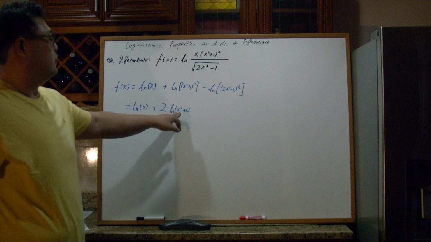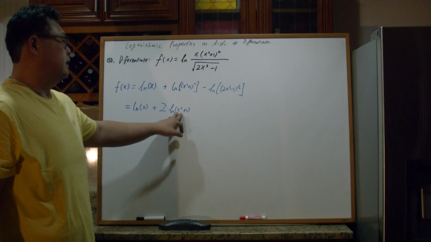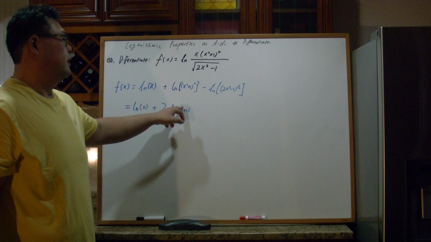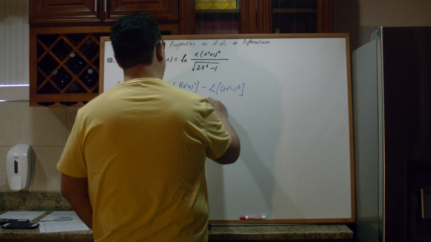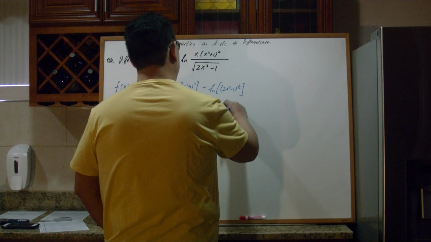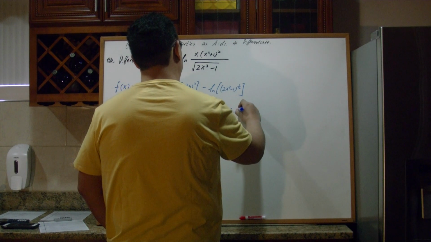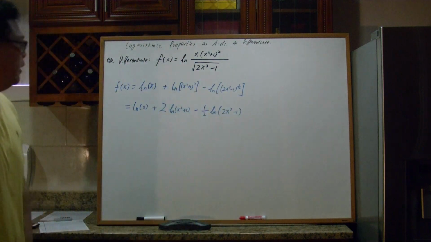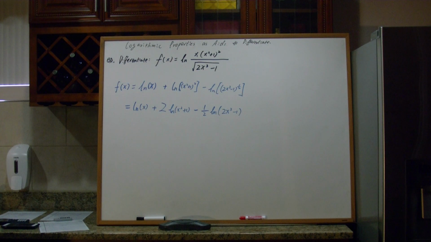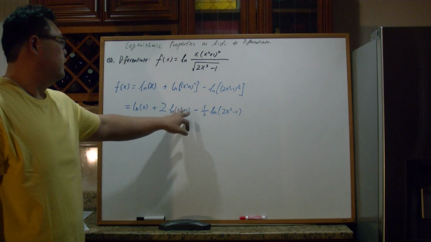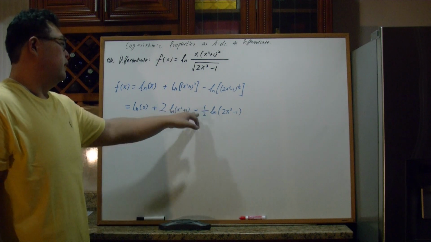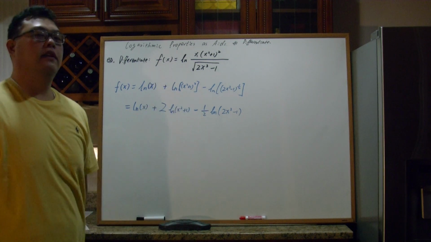We cannot separate this term since that's two terms adding together. The exponent is only applied to the x here, so there is no more we can do. Similarly, we have 1/2 natural log of 2x cubed minus 1. We get the product and quotient becoming a linear combination, which is usually easier to do. A linear combination means the combination of logs adding or subtracting together with coefficients as scalars.